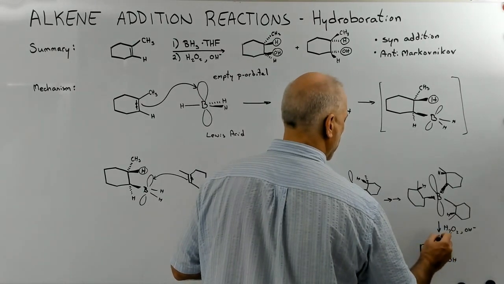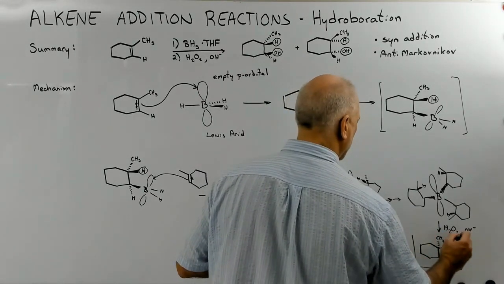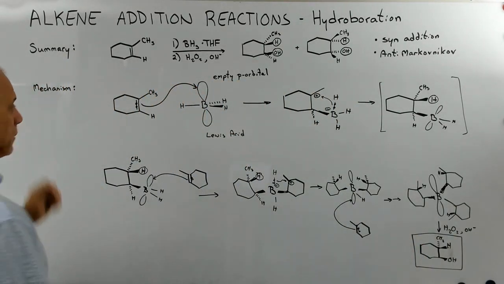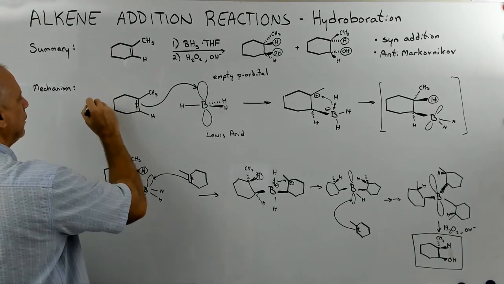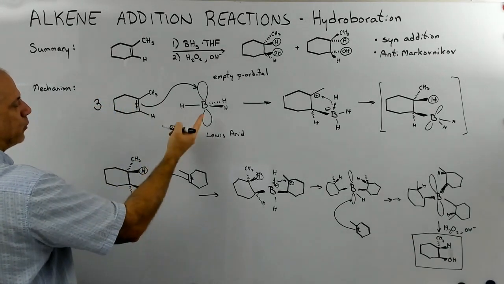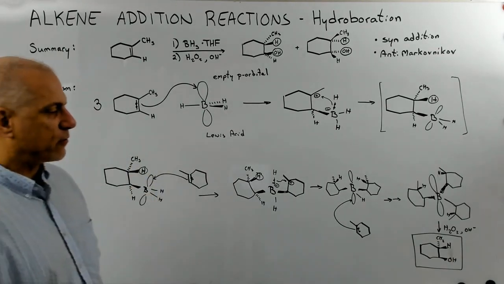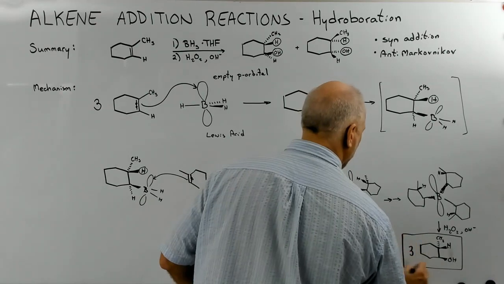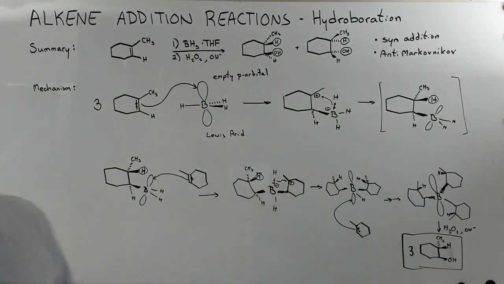And we've done our anti-Markovnikov addition. So basically, when all is said and done, we really need three equivalents of this reactant and only one equivalent of the BH3. This will go ahead and make three of those molecules.